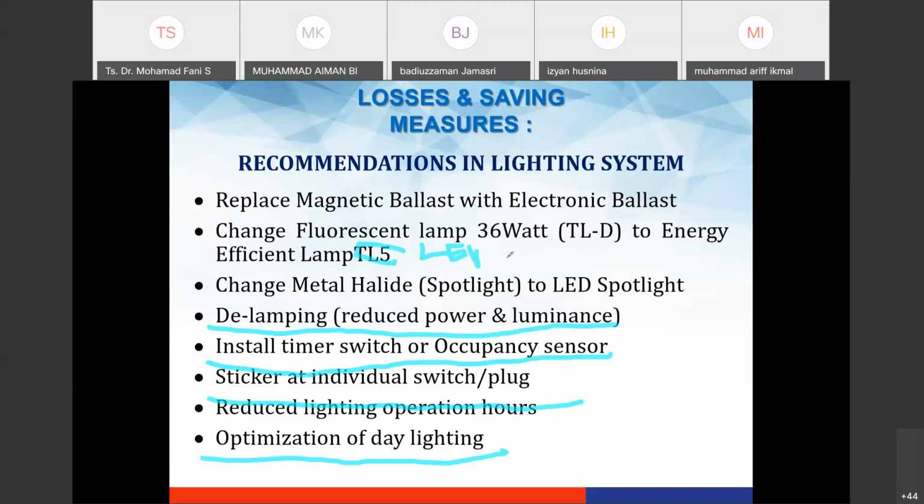Here, for the conventional fluorescent lamp 36 watt, change to LED 9 watt only. After that we suggest the ROI information, return on investment, so that the client has confidence to invest in the LED.